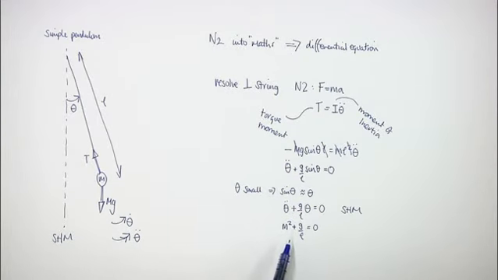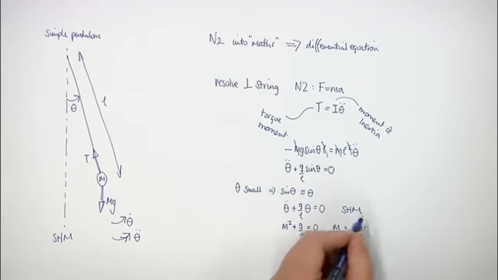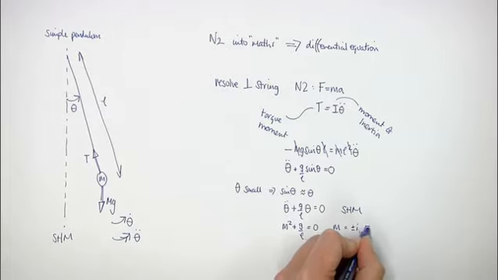And when we solve this, it gives us a solution or a functional form for theta. So m is equal to plus or minus i times the square root of g over L, where i is the square root of minus 1.